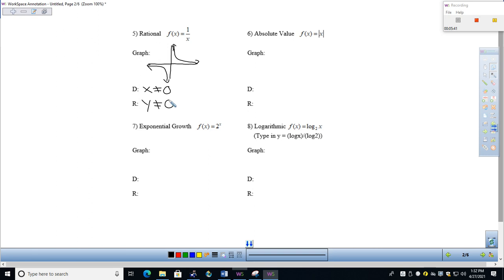Okay, so hyperbolas for our rational functions, moving over to absolute value functions, and you should be comfortable with having seen this before. But the absolute values form a V-shaped pattern on the coordinate plane. And in terms of the domain and range, we're going to go all real numbers on the domain, of course, and the range.